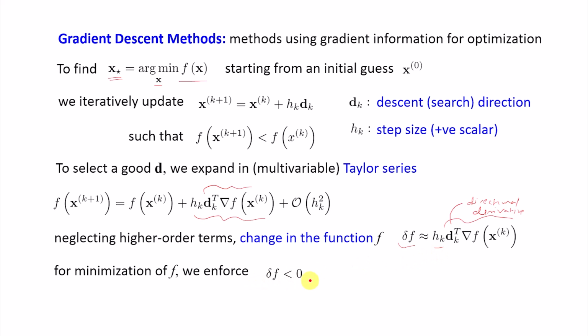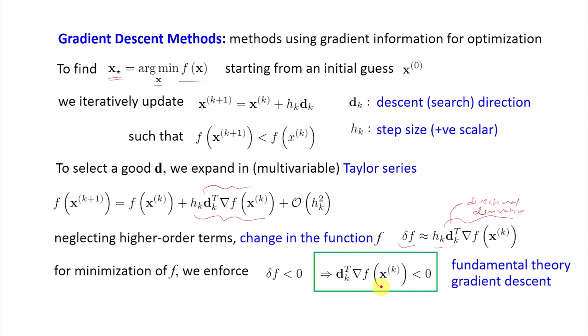Now how do we ensure that? To ensure that, we have to make sure that dk and the gradient of f, their inner product, should be less than 0. So this is the fundamental theory of gradient descent.